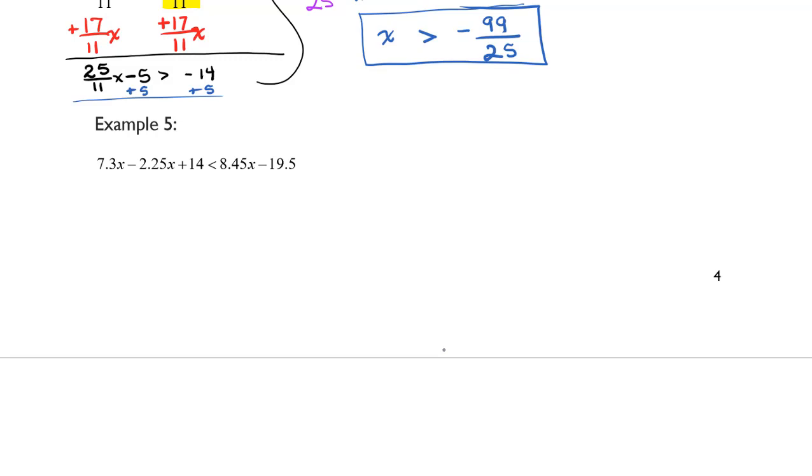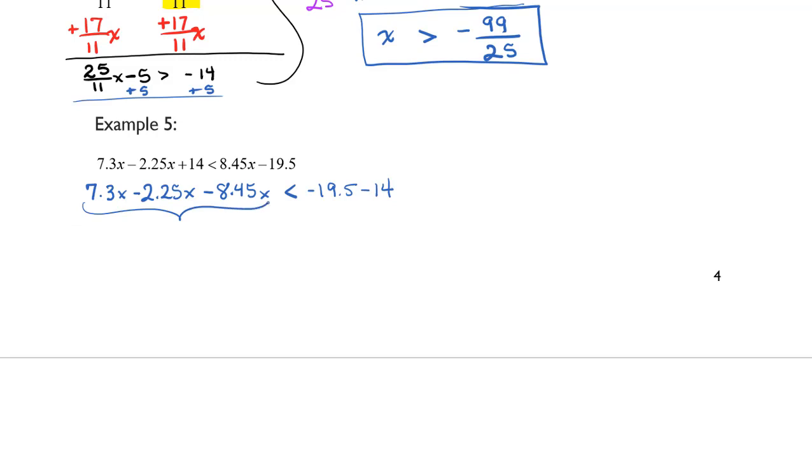Let's go ahead and bring all the terms with x to one side and all the whole numbers, or just numbers, to the other side. So we'll have 7.3x minus 2.25x minus 8.45x is less than negative 19.5 minus 14.